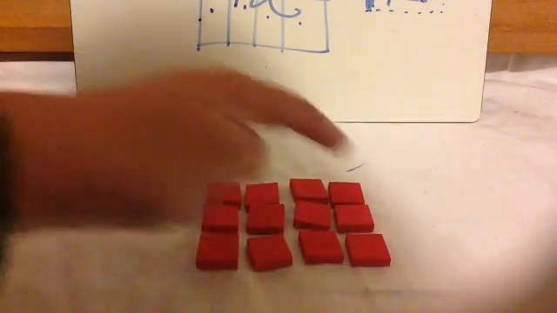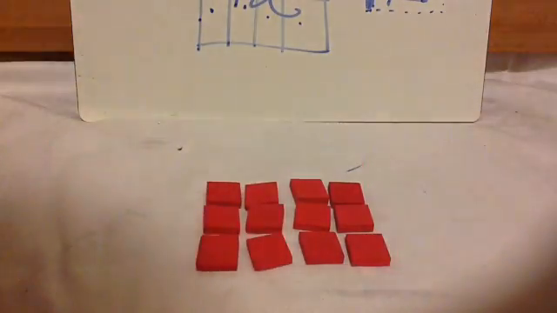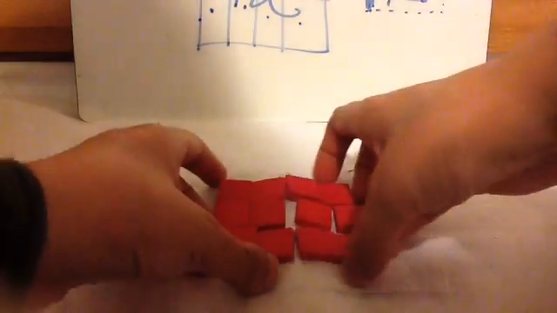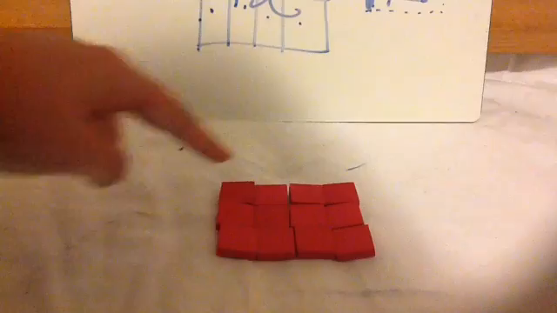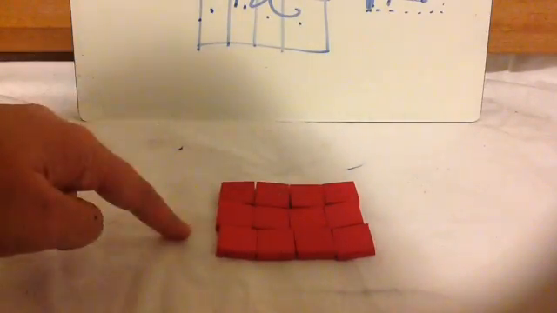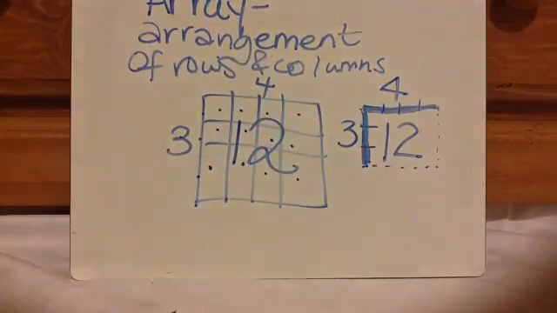So that's a row. 1, 2, 3, 4. That's a row. 1, 2, 3, 4. That's a row. So this array is not only a representation of 3 times 4, it's also a representation of 12 divided by 3 equals 4, or 12 divided by 4 equals 3, which matches up with this division problem.